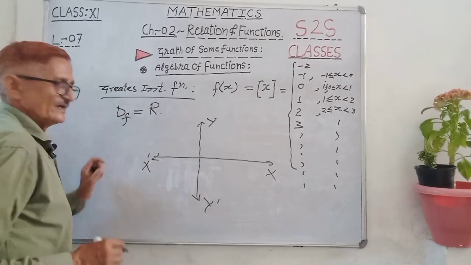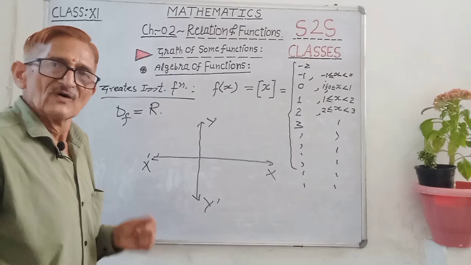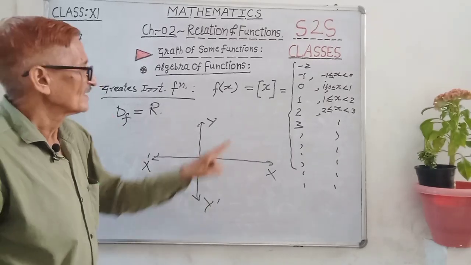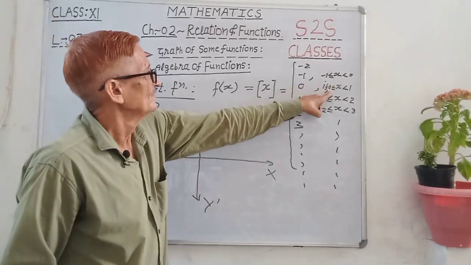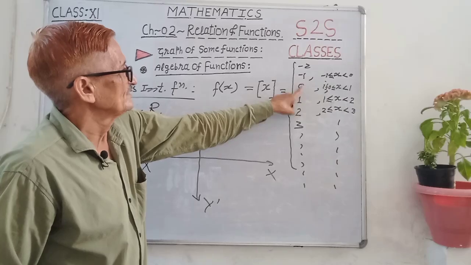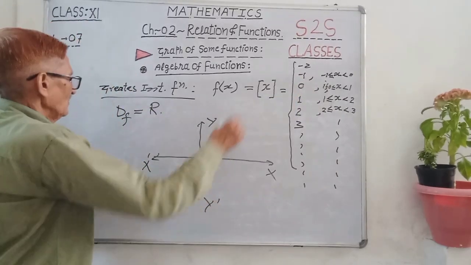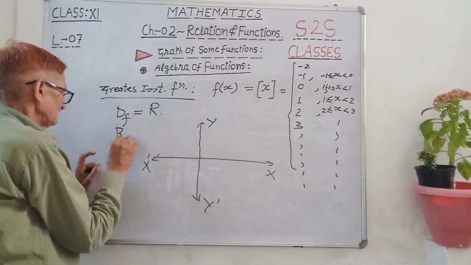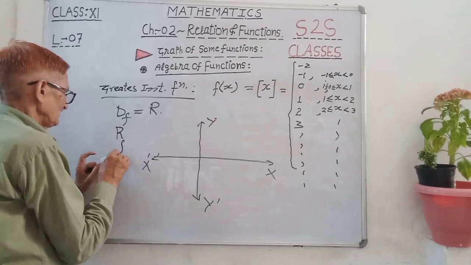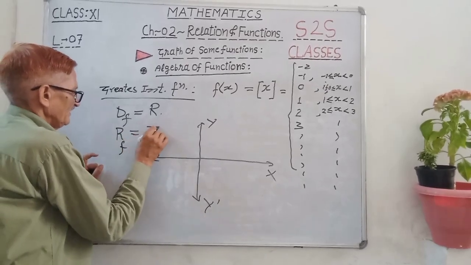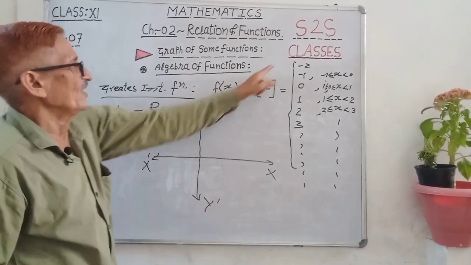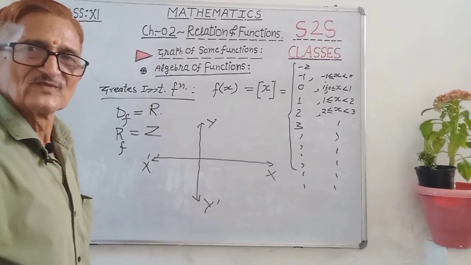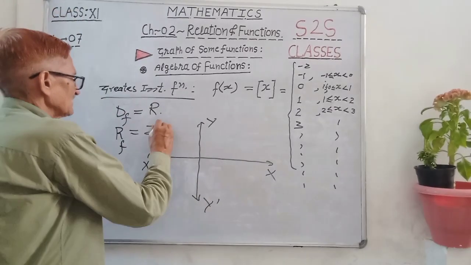See how now if x is 0, then y is 0. These are the y values, meaning the range of this function is the integer set Z. The output will be all integers.